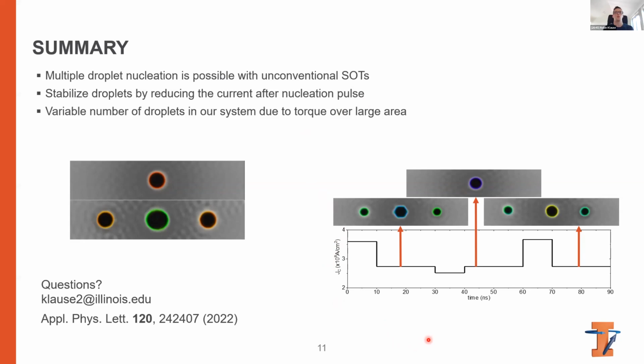Yes, so I believe that you can apply external magnetic fields that are not perfectly in the Z direction, but have some X or Y component, to make the droplets move. People have done this in other papers with the nanocontact geometry.